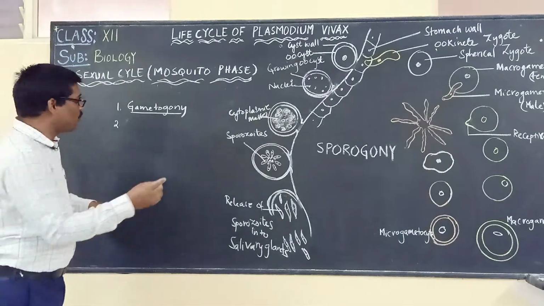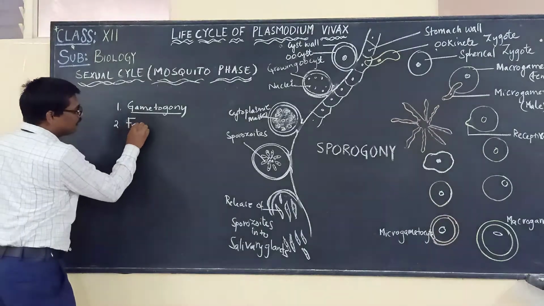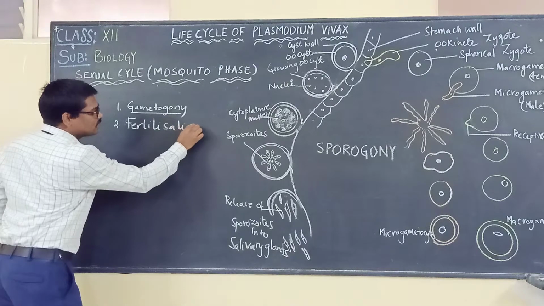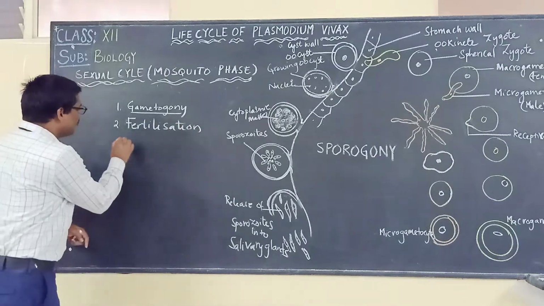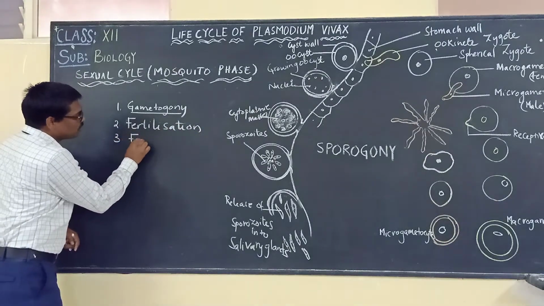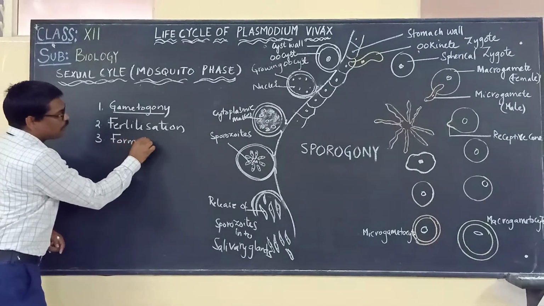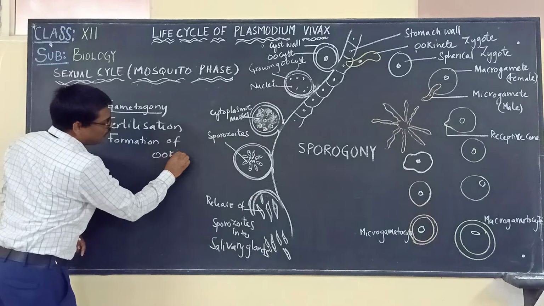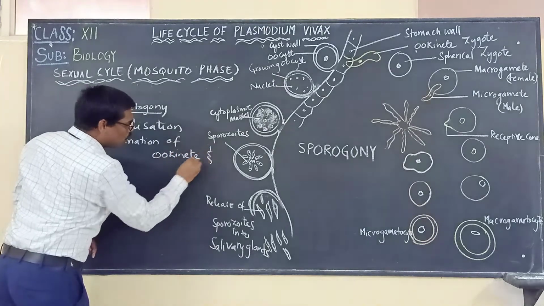So the second one will be what? The fertilization. The third one is formation of ookinete, and also oocyst.